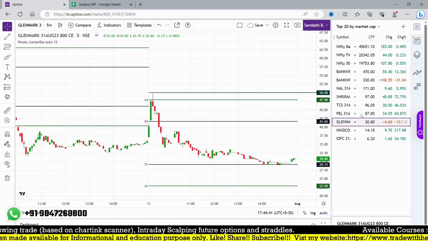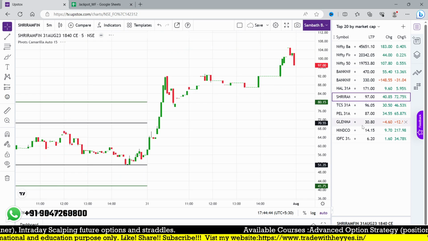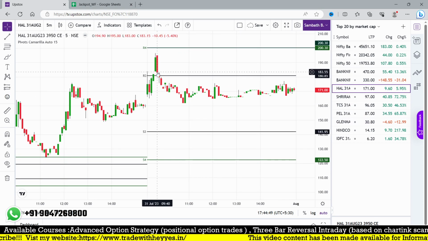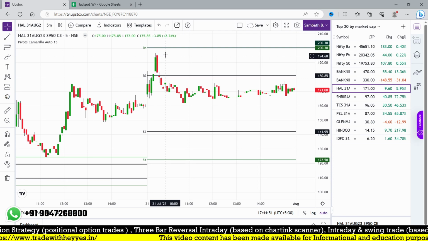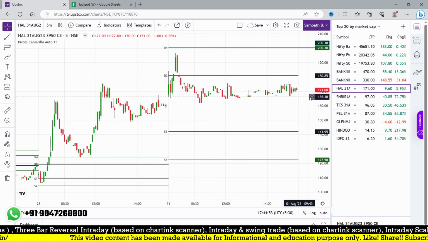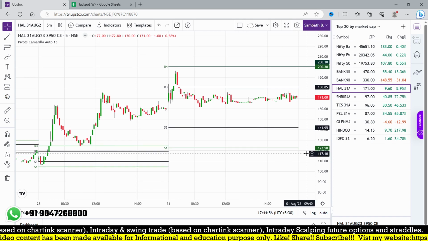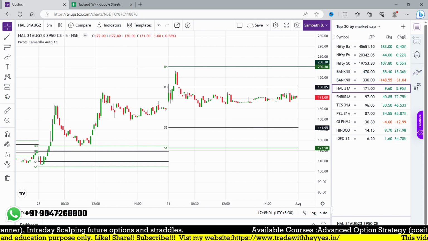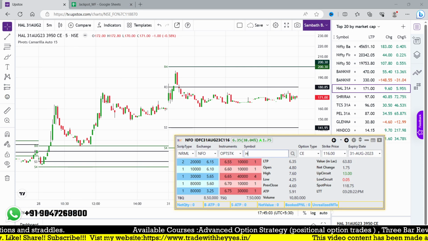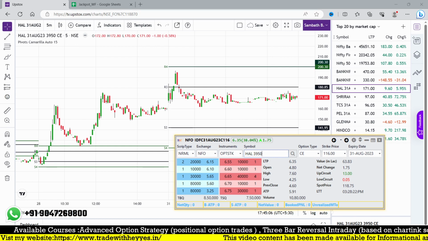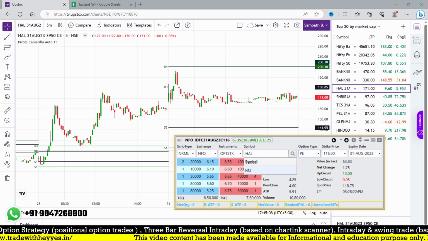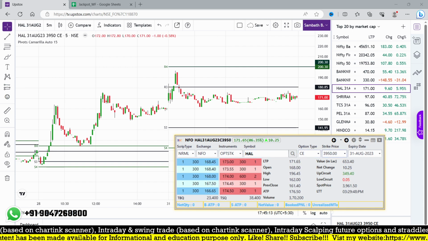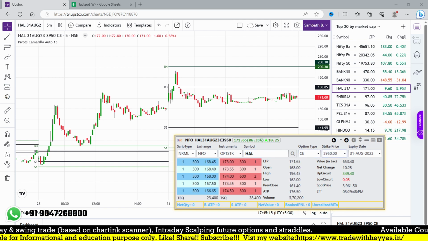More options which we are looking for, HAL, PEL. Initially it was looking higher. We are waiting for 200 to break. We are trying for 200 to break. That was not broken. Okay, let's check that HAL. Yeah, 200 we are waiting for.